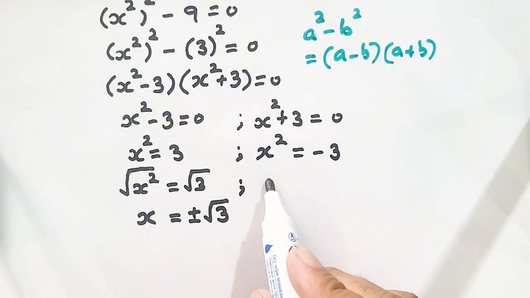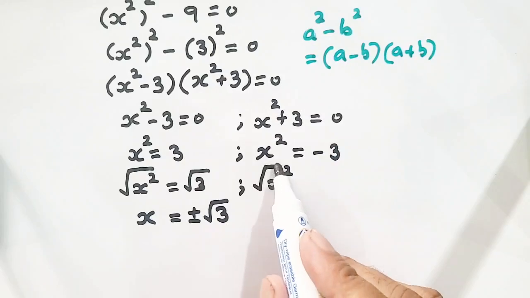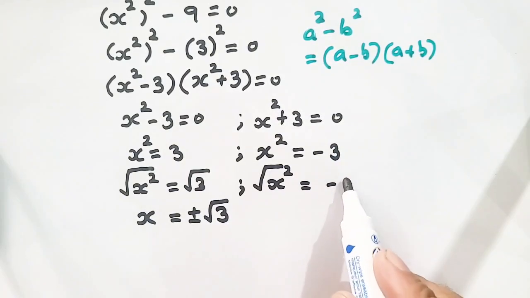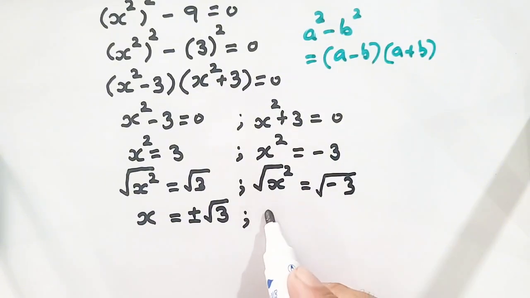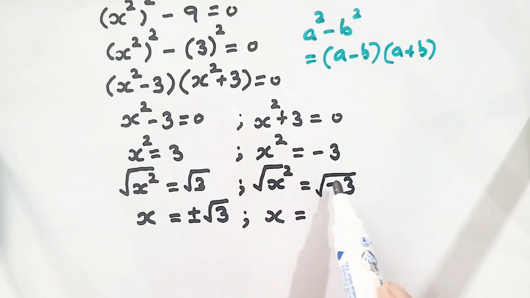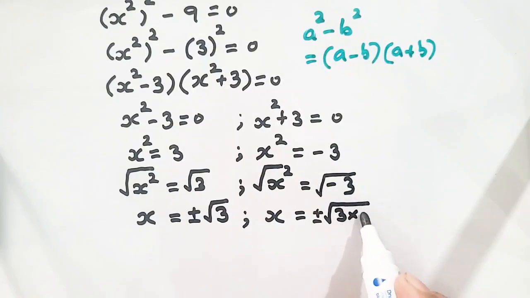And here x squared square root is equal to minus 3 square root. So x will be equal to, here the negative sign is inside the square root, so it is imaginary. Remember that we can write it as plus minus square root of 3 multiplied by minus 1.